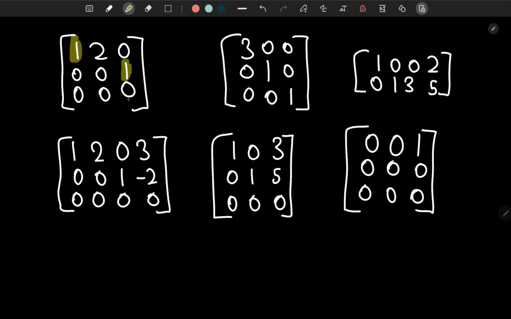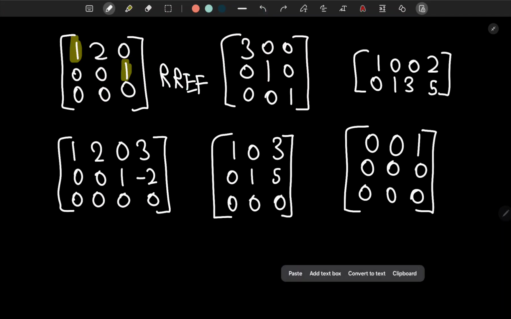So here we have 0 below it and above it. So this is in RREF. Now let's say if this 0 was, let's say, 3, then this is in REF, since REF allows digits above it but not below it. So in our example, it is a 0, so it's an RREF.